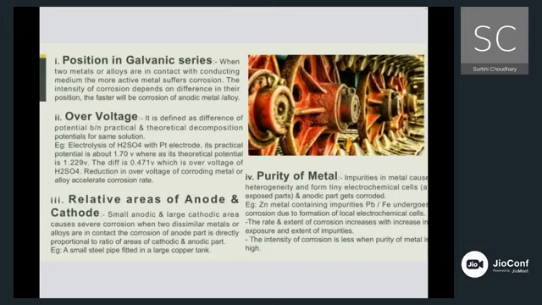So the galvanic series is formed on the basis of reactivity of the metals. When two metals come in contact with each other, the highly reactive metal corrodes more as compared to the less reactive metal.